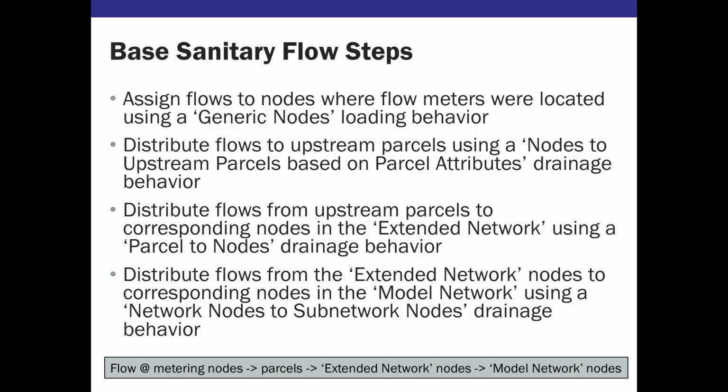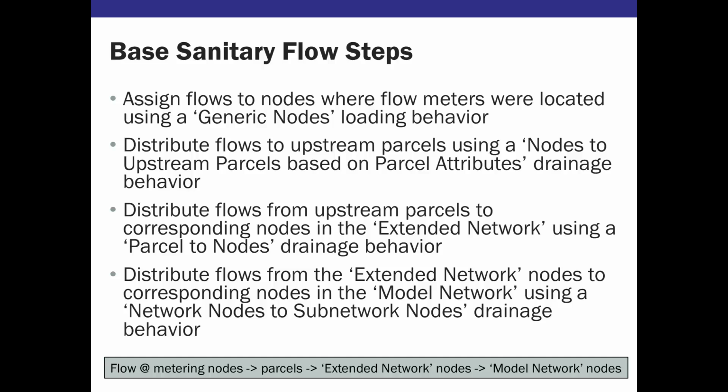So we do the first step, which is assigning the flows to the nodes where the meters were located, using a generic nodes loading behavior. Then we move the flows to the parcels using a nodes to upstream parcels based on parcel attributes drainage behavior.